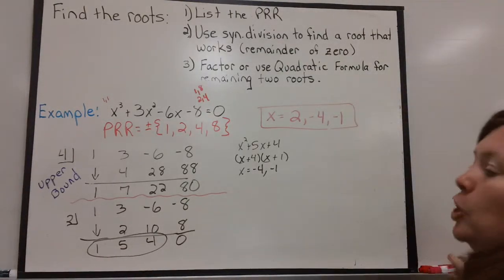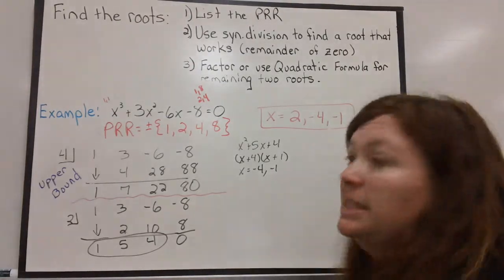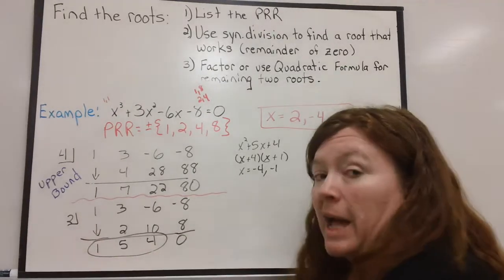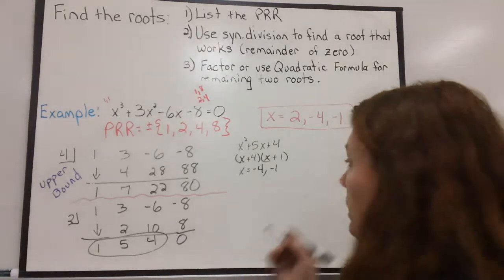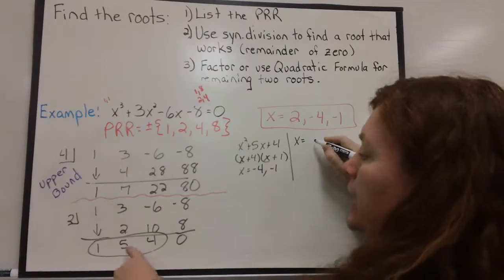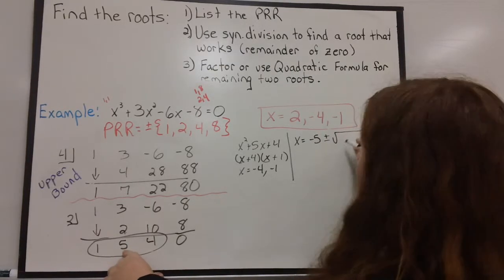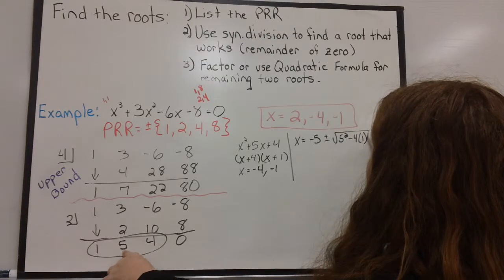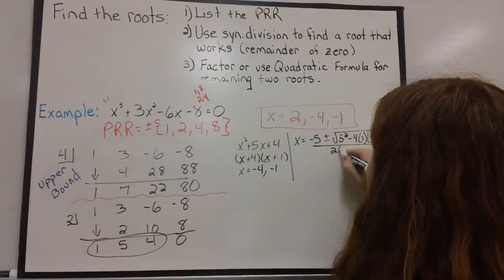Now, what if you didn't notice that you could factor that, and you went, I didn't catch that? Well, that's okay, because 1, 5, and 4 happen to represent A, B, and C in the quadratic formula. X equals negative b plus or minus the square root of b squared minus 4 times a times c all over 2a.